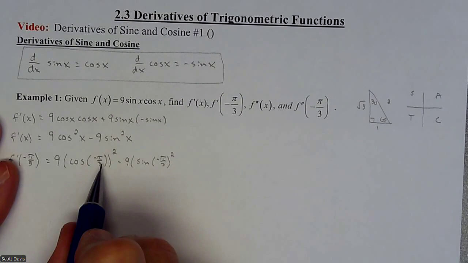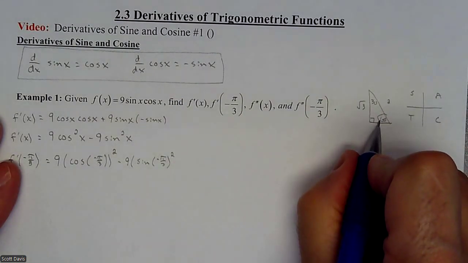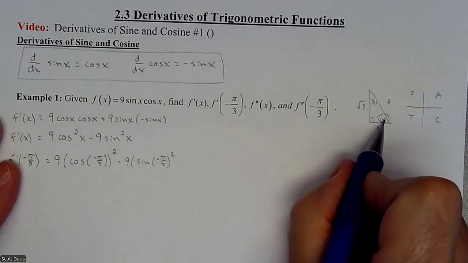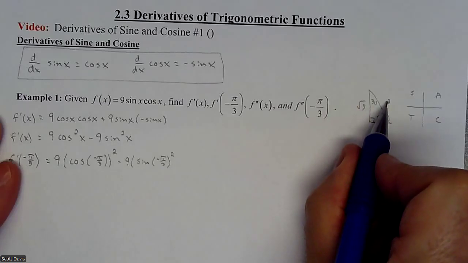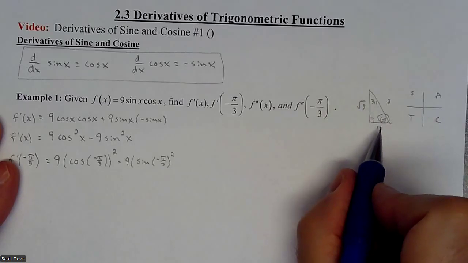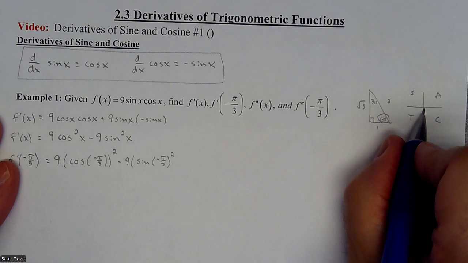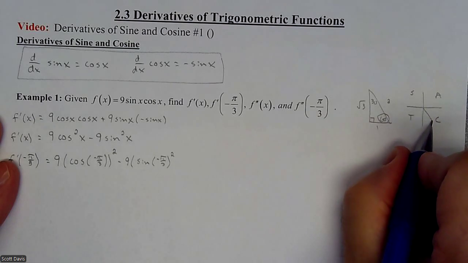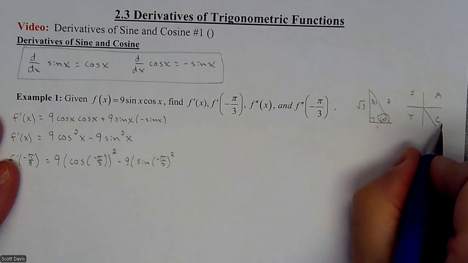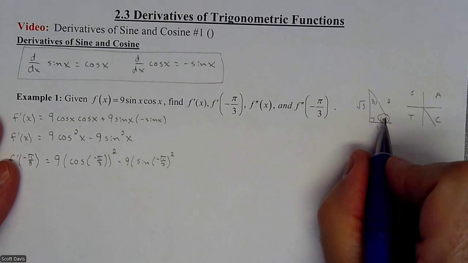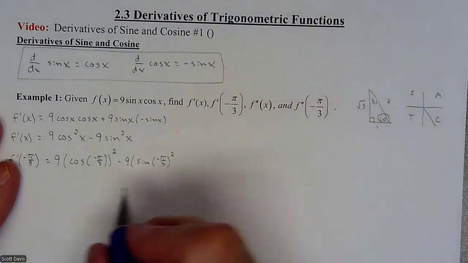Pi over 3 refers to a 60-degree reference angle. So sine of 60 is root 3 over 2, and cosine of 60 is 1/2. Negative pi over 3 is down in the fourth quadrant. Cosine's the only positive there, so sine will be negative. I just need to tack those signs onto it.